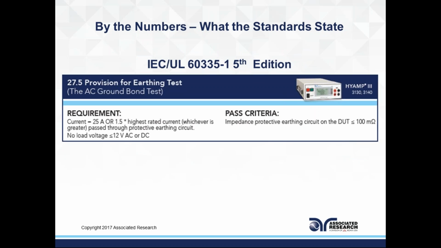Some standards also call for voltage drop, and our newer instruments have this new option called voltage drop. So if your standard calls out, instead of a resistance value, that you cannot drop more than 2 volts across your ground circuit, we have the solution for that. Our newer instruments do display voltage drop.